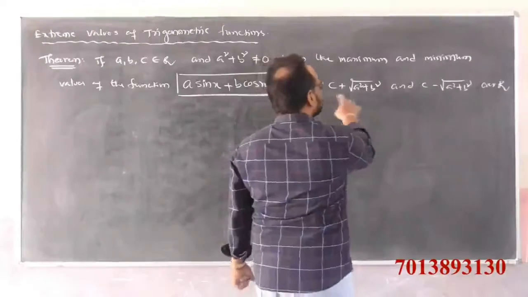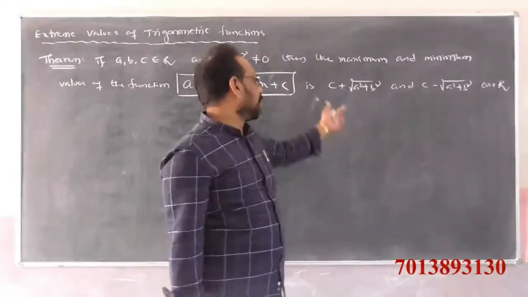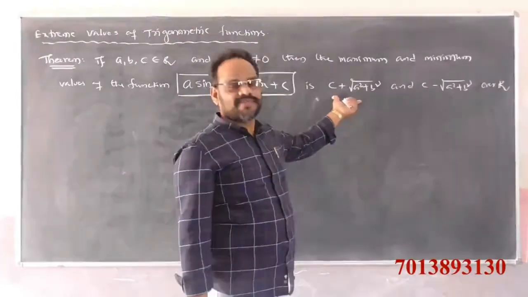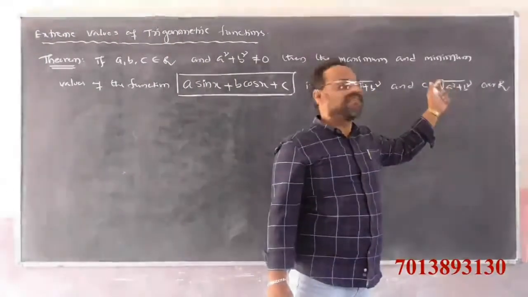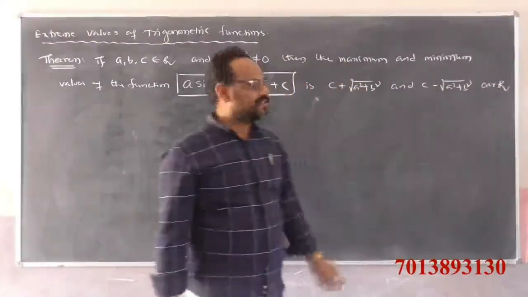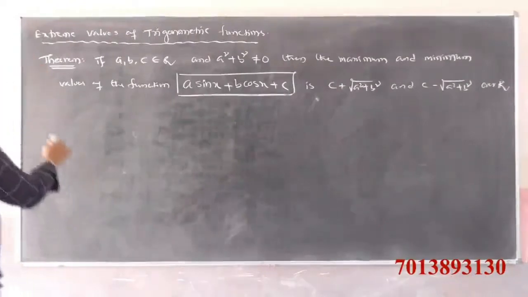The maximum value is c plus square root of a square plus b square, and the minimum value is c minus square root of a square plus b square. So the function takes any real number in between, and that is the proof.